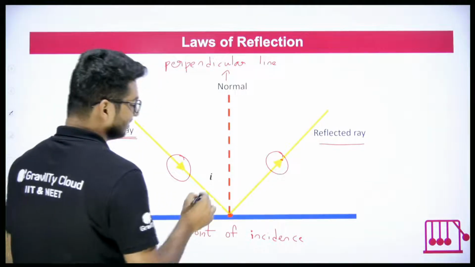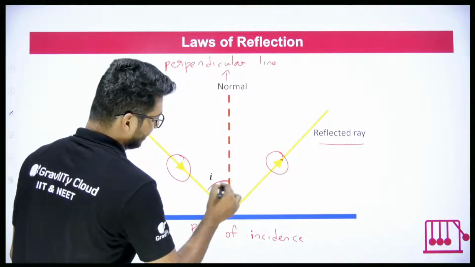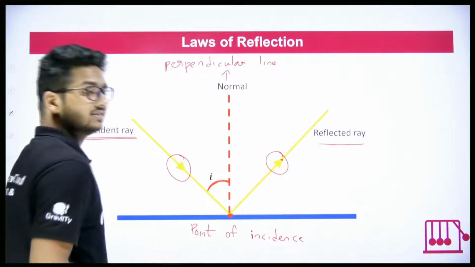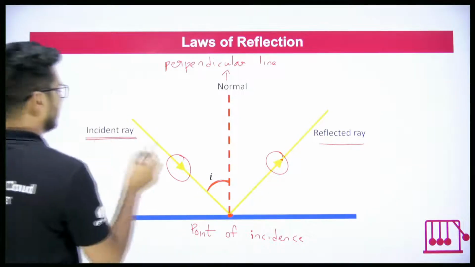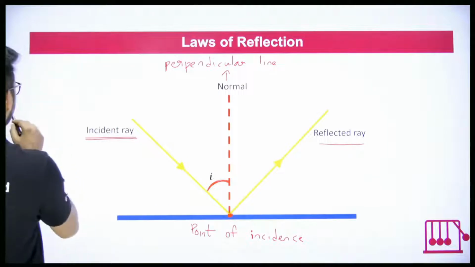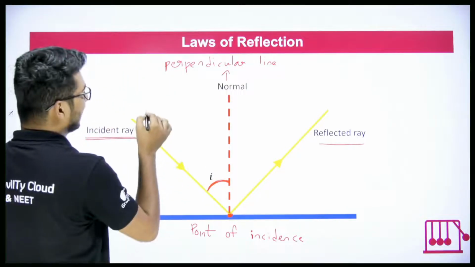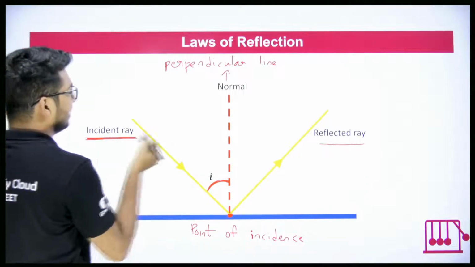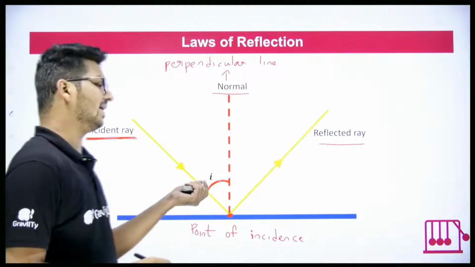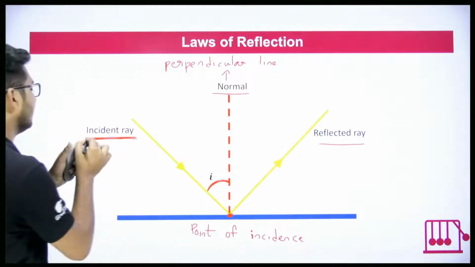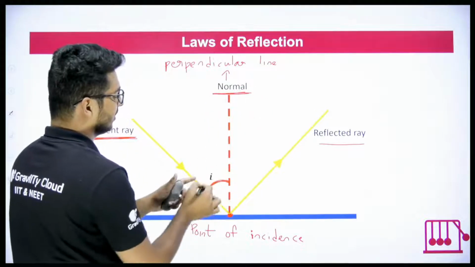And then this angle here. What is this angle called? It is called the angle of incidence. Now be very particular about this. The angle of incidence is the angle between the incident ray and the normal. That's how you define the angle of incidence.